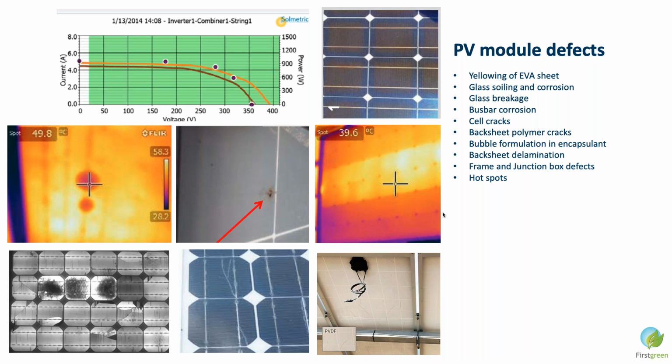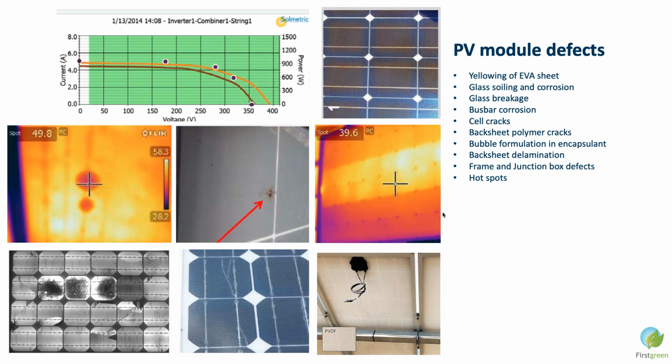In the case of crystalline, because you are tightening the aluminum frame, you expect less glass breakage, but it is still an issue. Then bus bar corrosion is one more factor you should take into consideration. The bus bar gets corroded, which increases the losses.